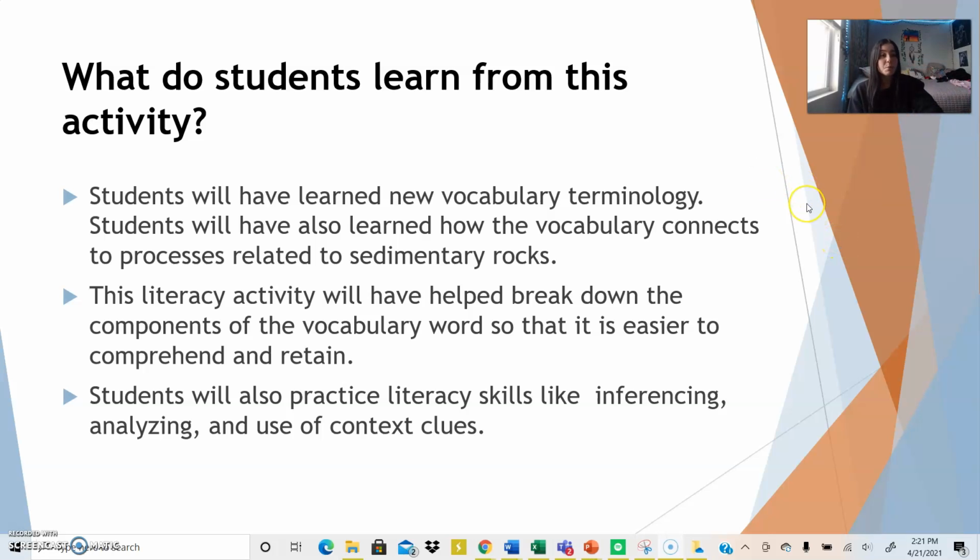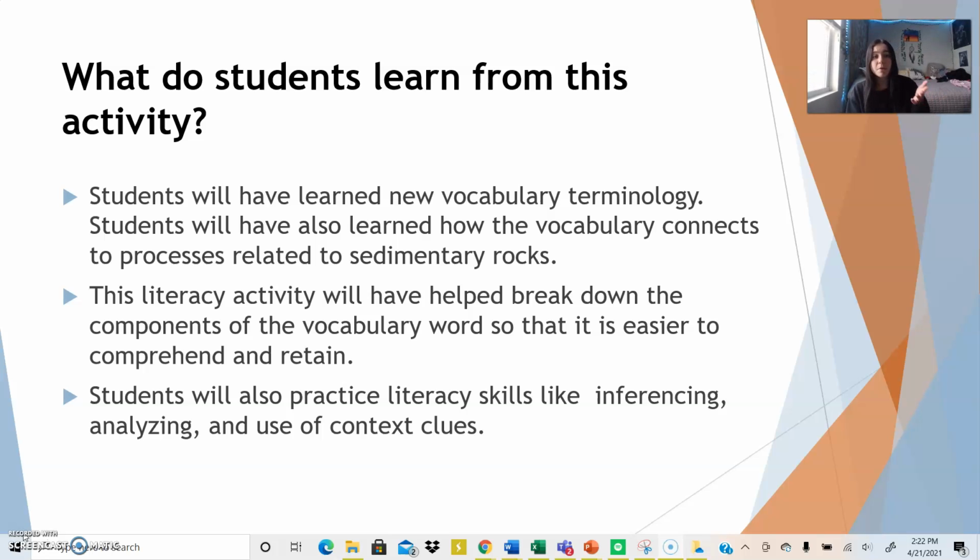And if you're like me, I learn from examples or little details, and that helps me think, oh, okay, that's for that word. So hopefully the vocab square is really purposeful and accommodates a few different ways you may learn. And lastly, students will also practice literacy skills like inferencing, analyzing, and the use of context clues.